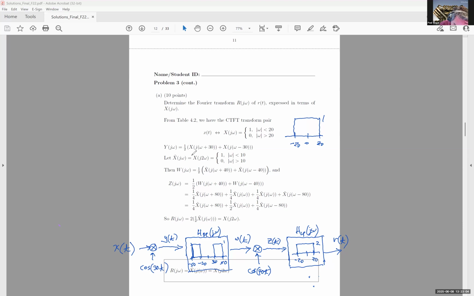And the second line is telling you what happens when you apply the modulation of the carrier. It's going to shift that by 30. I'm not going to draw it to scale here, but this will go to 30, and then it'll be 20 on each side. So this would be 10, and this would be 50, and then you'd have the corresponding thing over here.